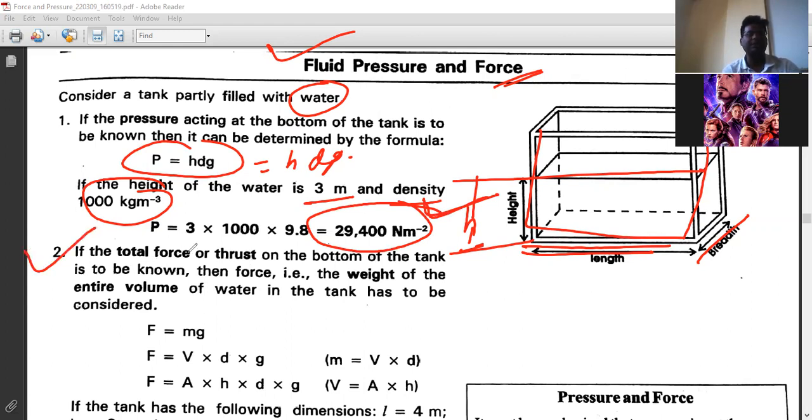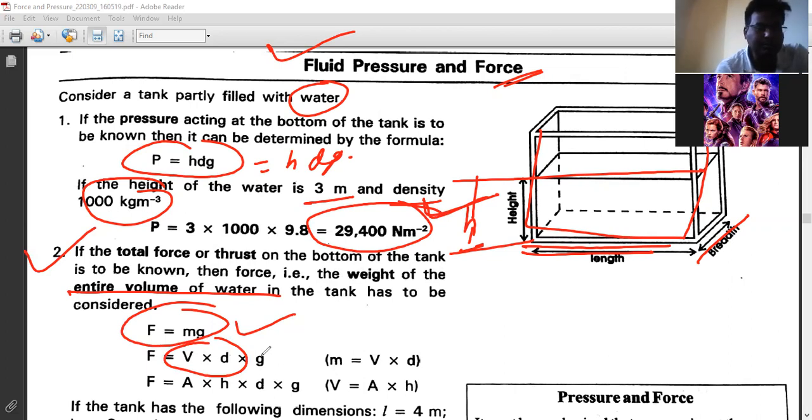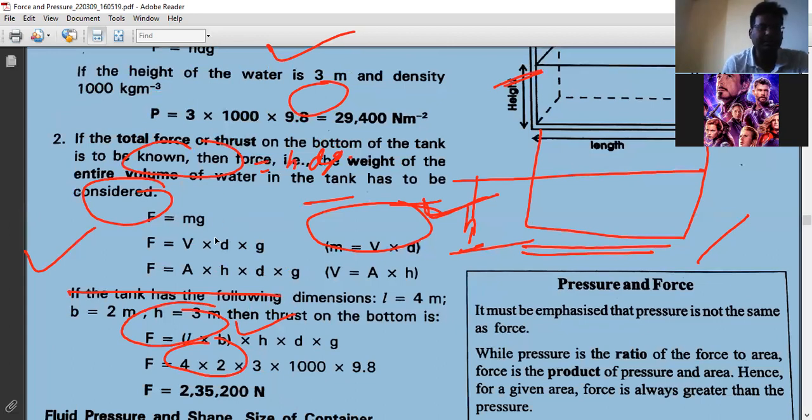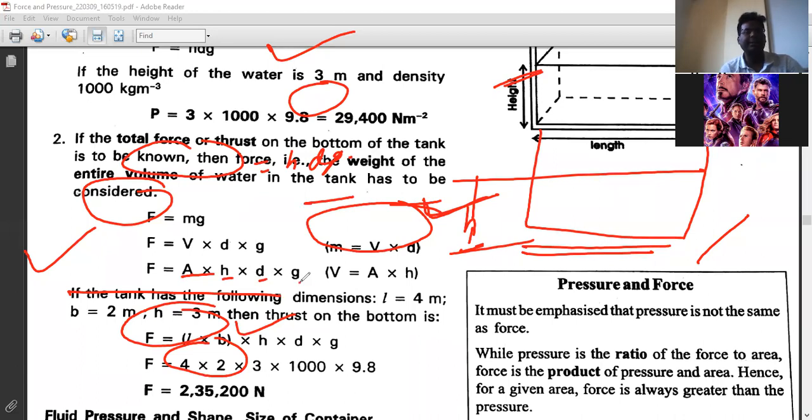Now, if the total force or thrust on the bottom of the tank is to be known, then the force or weight of the entire liquid should be calculated. So force will be mg. We put m as volume into density. So it will be area into height into d into g. Put the value of area, length into width, and height, and you will get this much amount of force, right?